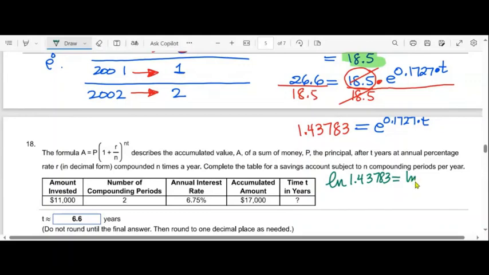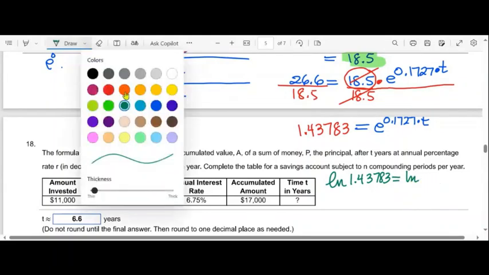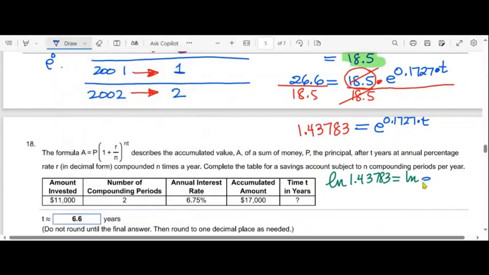So here is going to be ln as well, and you have the e. What happens when you have e and ln together? They cancel each other, and what's left? 0.1727. Right? Now, can you find how much the ln of that number is on the calculator?